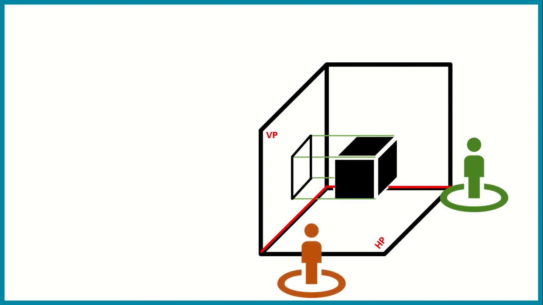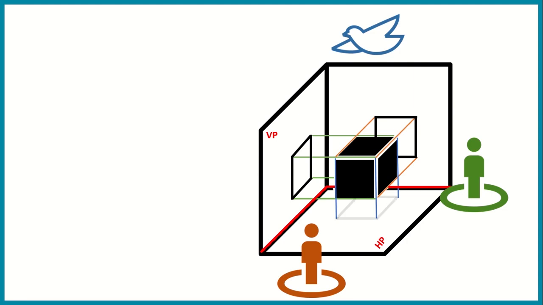Likewise, we can repeat the process if we're looking in from the side. Again, we project perpendicular to the plane, and any lines that are parallel remain parallel. Finally, if we were to take a bird's eye view and look downwards, we can project onto the horizontal plane to get a plan view of the cube.